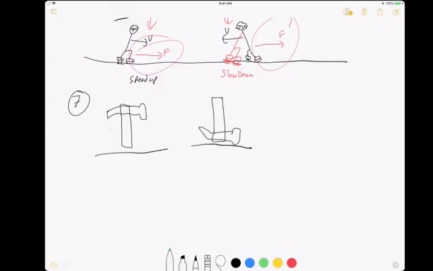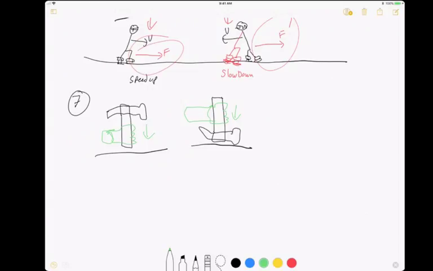So here's your hand, and you're bringing it down like that, or your hand is here and you bring it down like this. In either case, there's going to be a shock.